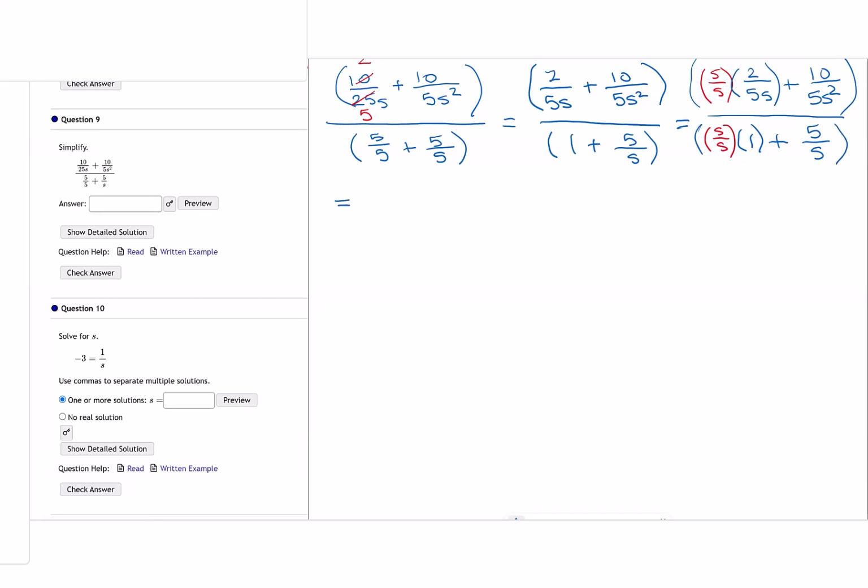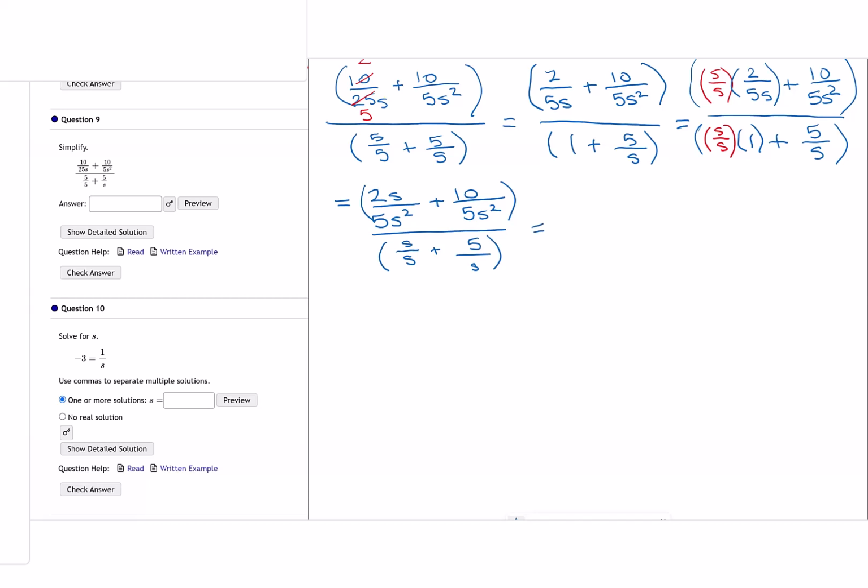Now I'm going to multiply. I have 2s divided by 5s squared. And you have to be really careful with these 5s and these s's here. Plus 10 divided by 5s squared divided by s over s plus 5 over s.